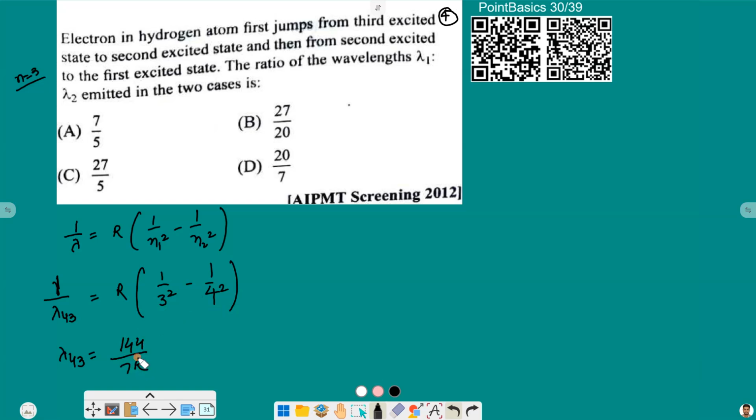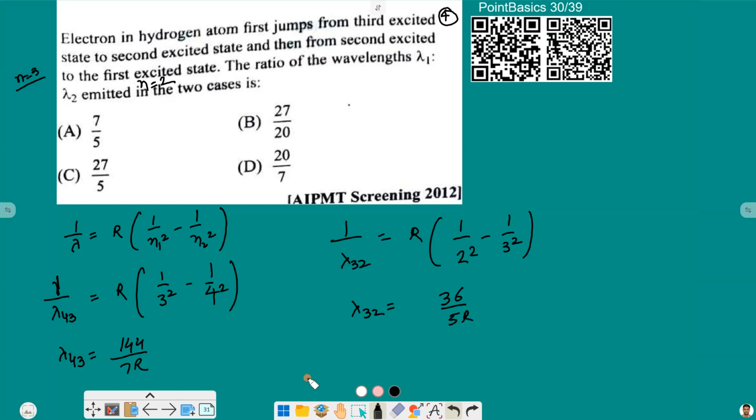Now for the second and first excited state, so that will be second excited state is 3 and first excited state is n is equal to 2. So 1 by lambda 3 2 will be R times 1 by 2 square minus 1 by 3 square, and from this lambda 3 2 will be 36 by 5R.